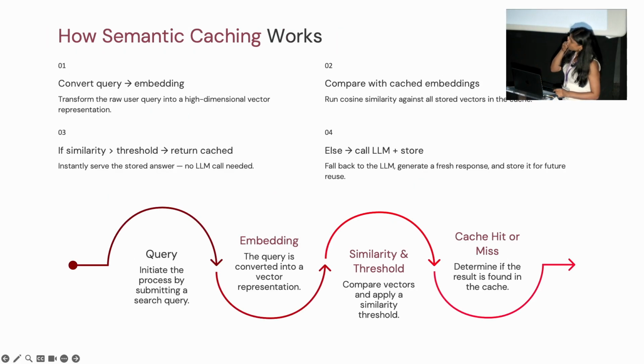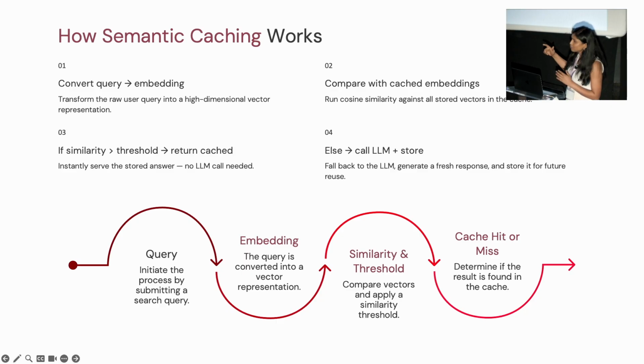Let's walk through the flow. Whenever users submit a query to the system, we convert the query to an embedding, and now we compare those embeddings with the set of embeddings that we already have in the cache. If there is a strong match and it exceeds the threshold that we set, then we directly serve it from the cache. If not, it's a cache miss, which means the system runs the entire pipeline like before.